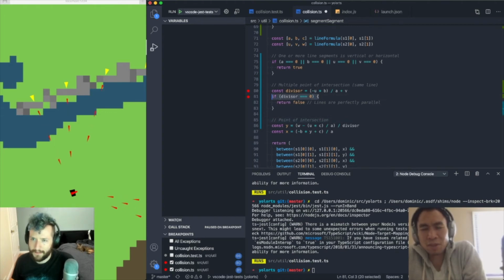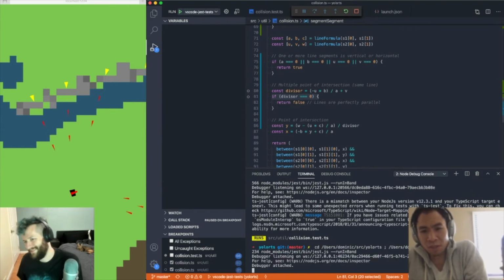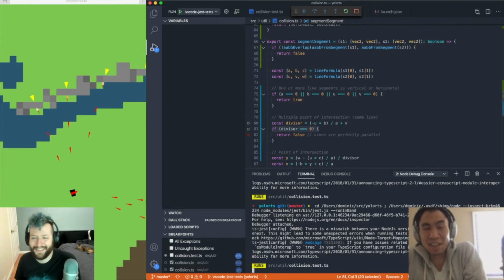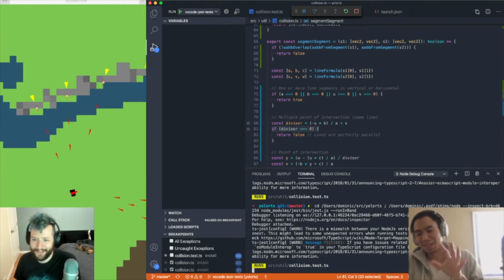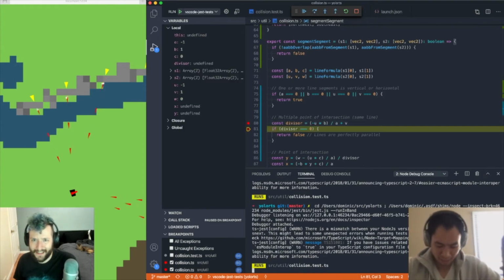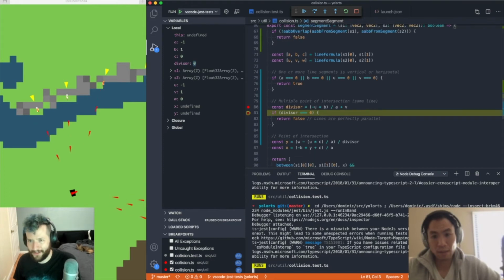This is the reason why I don't like Visual Studio Code sometimes, is that there are a number of things exactly like this that happen, and it makes me feel like it doesn't actually work. It works 99.9% of the time. Yeah, it doesn't understand what I'm doing. Yeah, not being correct. You know what I mean? Yeah. Okay, so I put a breakpoint after that to get back to divisor 0. So it does execute this code. Yeah.